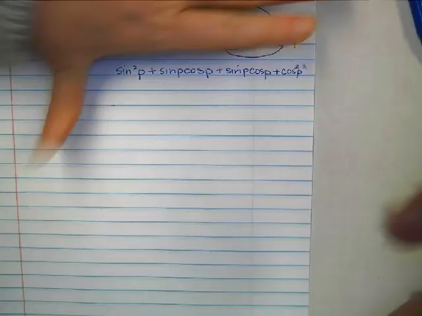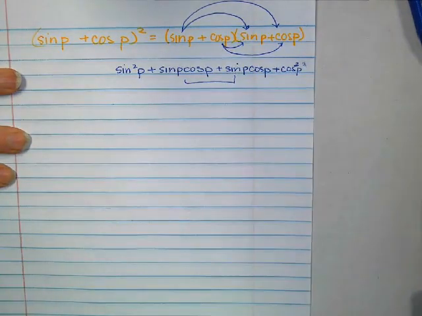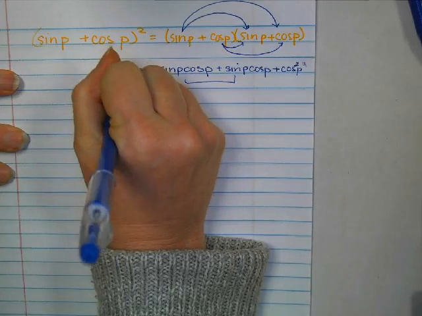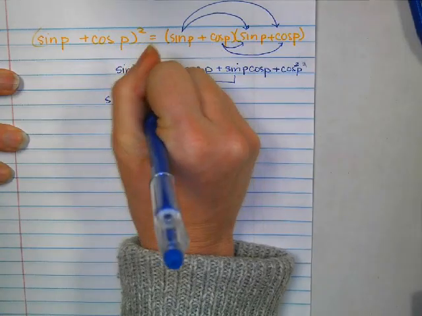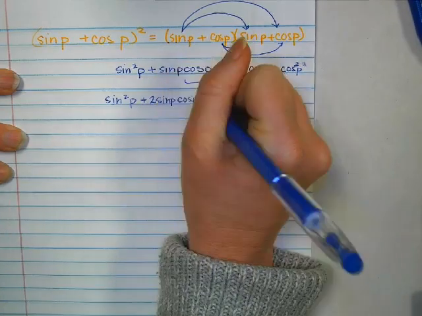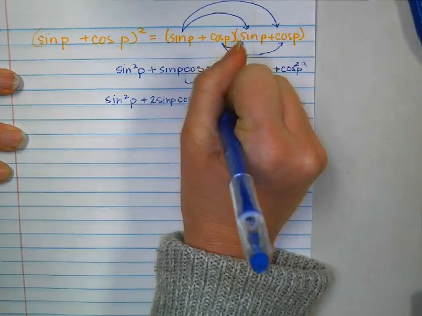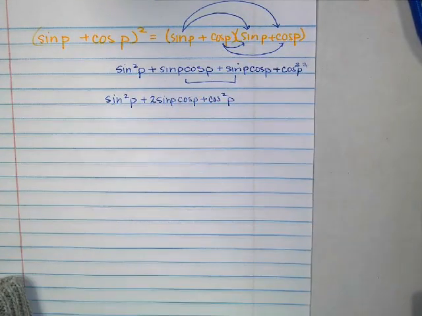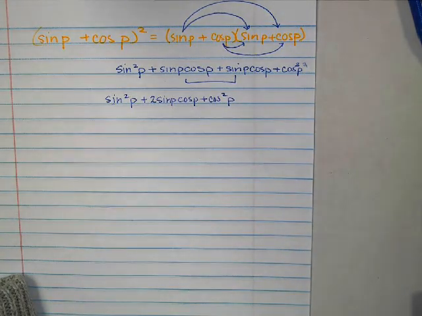Okay. So now I'm going to go ahead and just combine like terms. There's 2 of those. So this is now sine squared p plus 2 sine p cosine p plus cosine squared p. Are y'all okay so far?